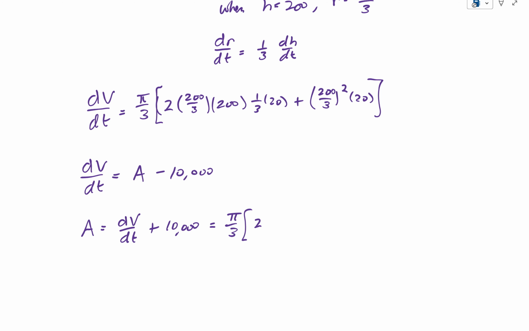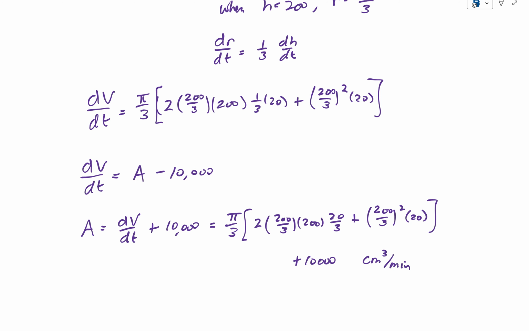So 2 times 200 over 3 times 200 times 20 over 3 plus 200 over 3 squared times 20. And that gives me my, oh, and then I need plus 10,000. And remember, this is in centimeters cubed per minute.